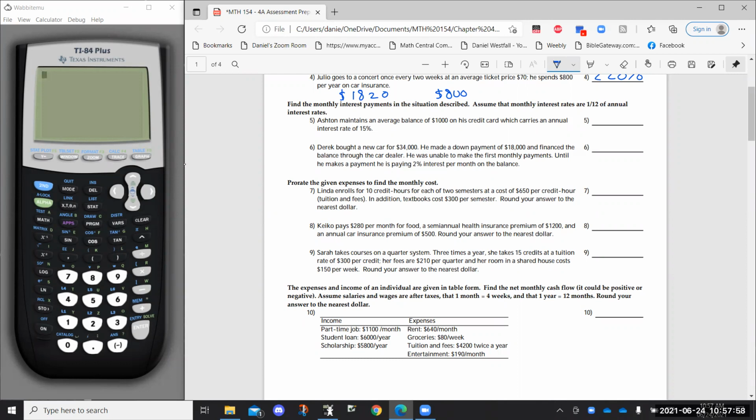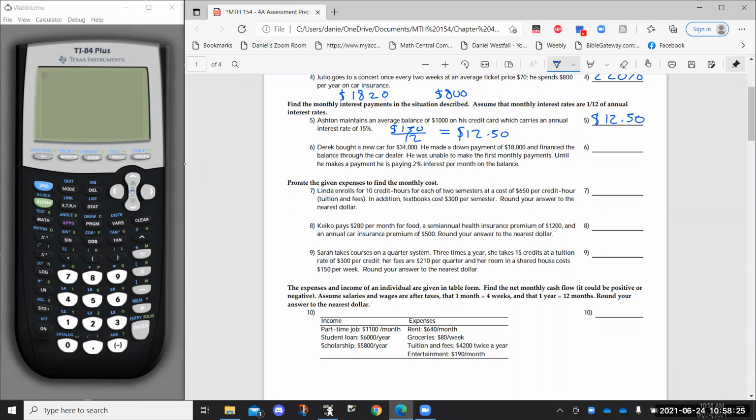So we're going to say that that's going to be $150 a year, divided by 12 months is going to give us $12.50 a month.